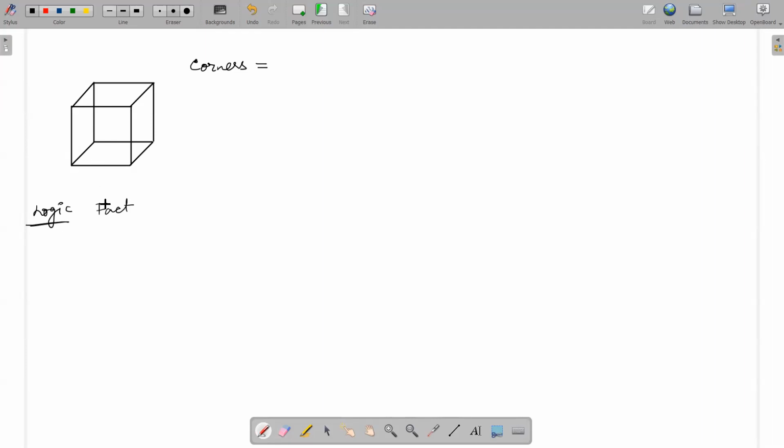You can count the number of corners. Don't try to remember whatever you learned in your early standards. Count it. Amalya, you also please count it. I've made a pretty big cube, I guess. Yeah, Amalya got it right now.